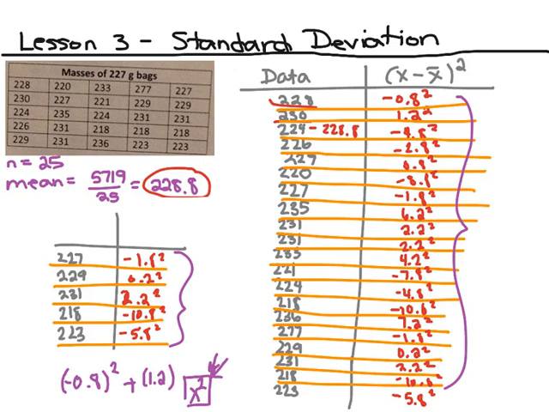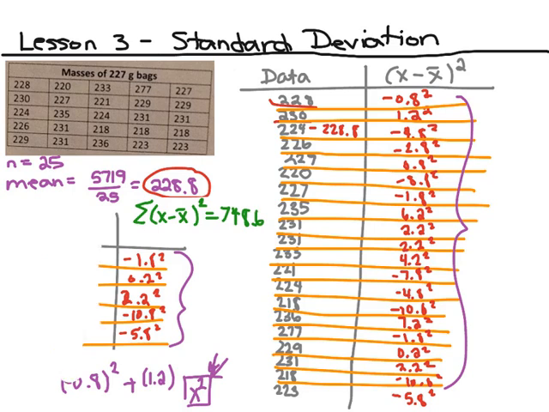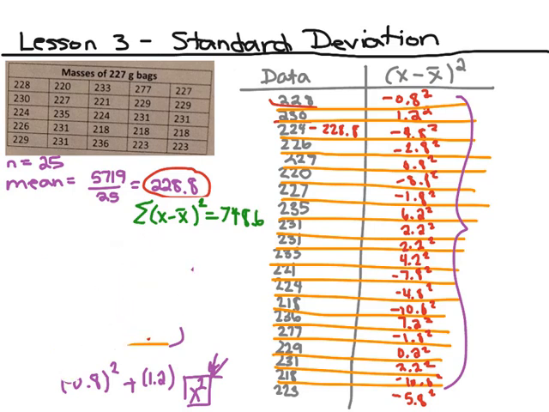That is the same as the sum of x minus x bar squared, and you should get 748.6.